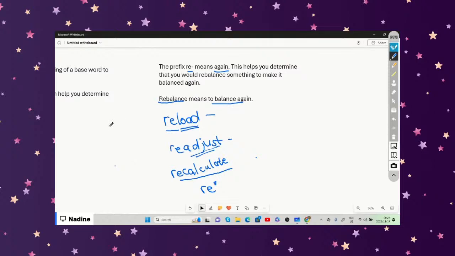And once again, a prefix is a word that is added to the beginning of a word, which we call the base word, in order for the meaning to change, or to create a new meaning. It creates a new word, but also a new meaning.